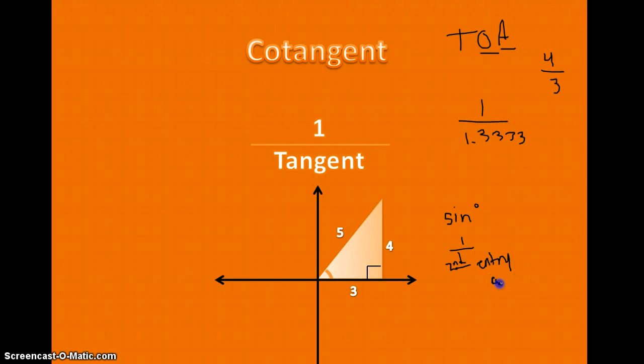Second entry, I think it says maybe answer, and you will click that, and then it will give you the cotangent of your triangle.